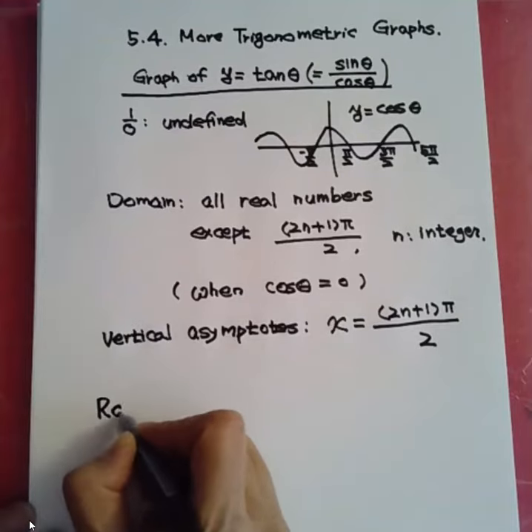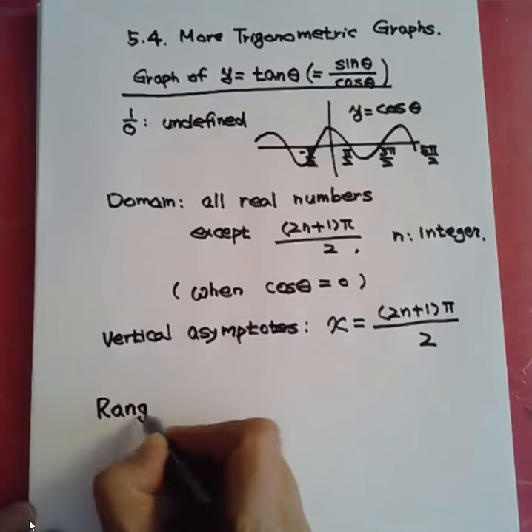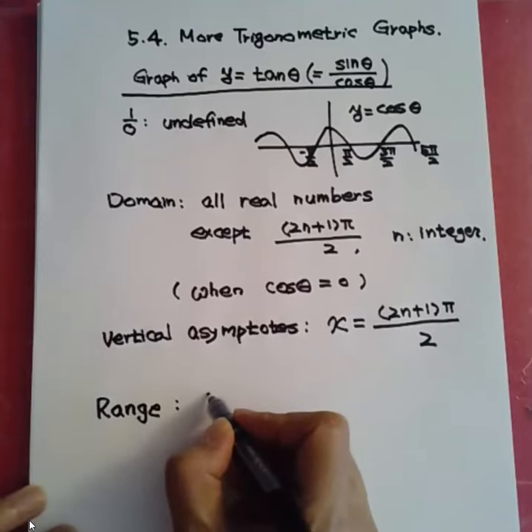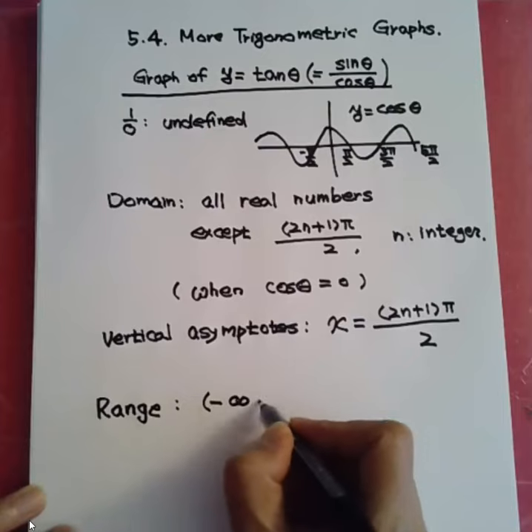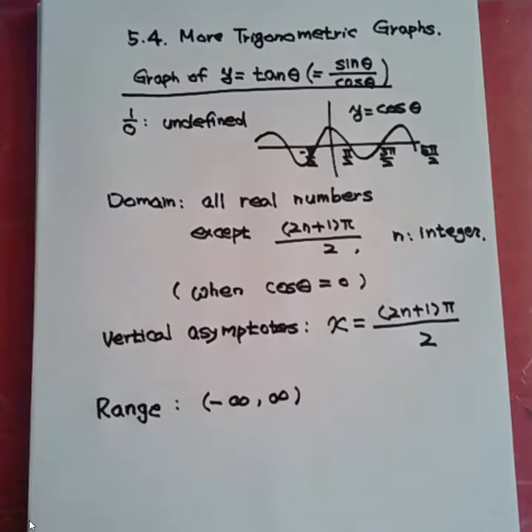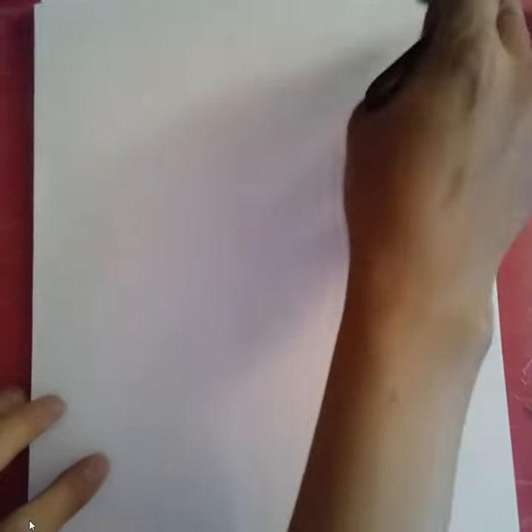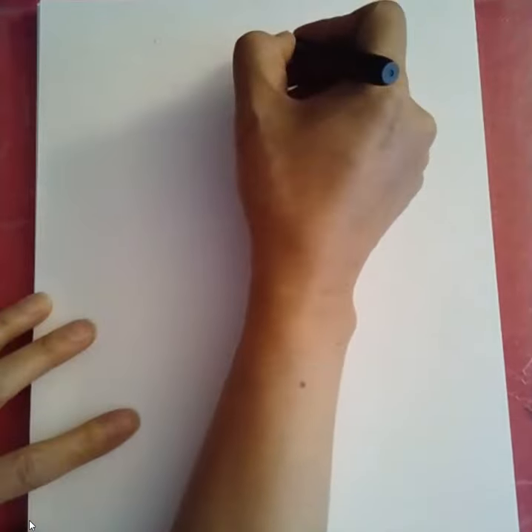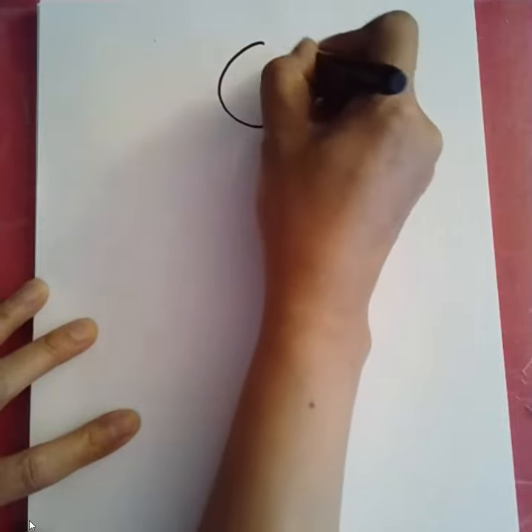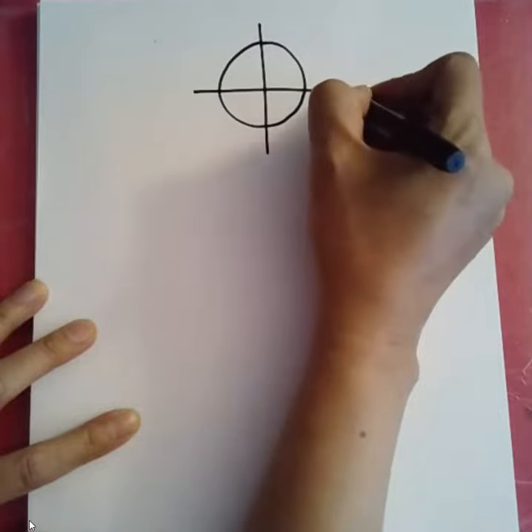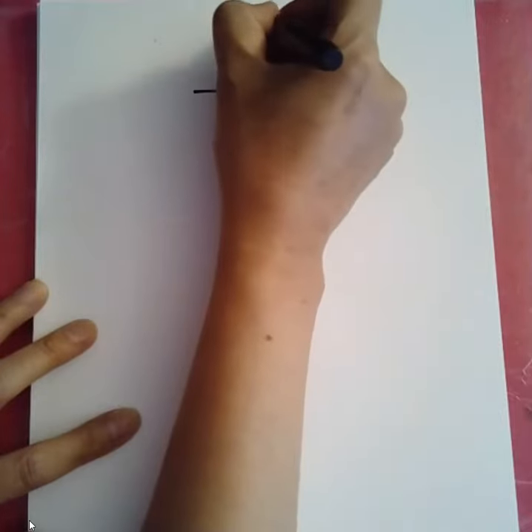What is strikingly different in tangent function compared to sine and cosine function, the range of the tangent function is from minus infinity to infinity. Let's explore why that happens. Let's go back to the unit circle. We have a unit circle here. This is 0. This is pi over 2.